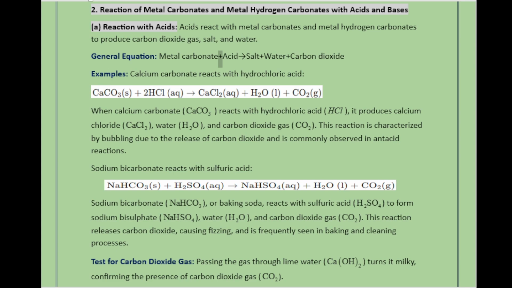General equation: metal carbonate plus acid gives salt plus water plus carbon dioxide. Examples: calcium carbonate reacts with hydrochloric acid to produce calcium chloride, water, and carbon dioxide gas.